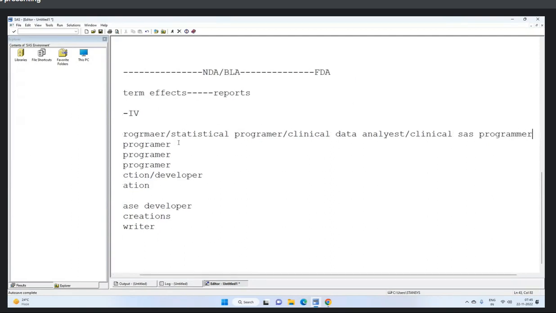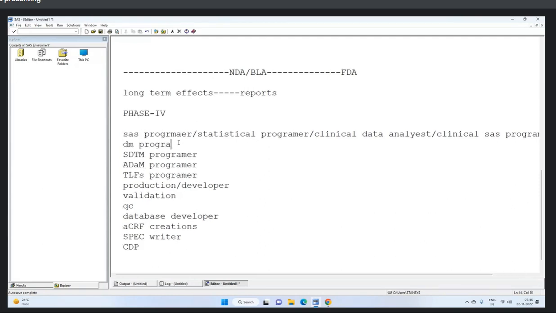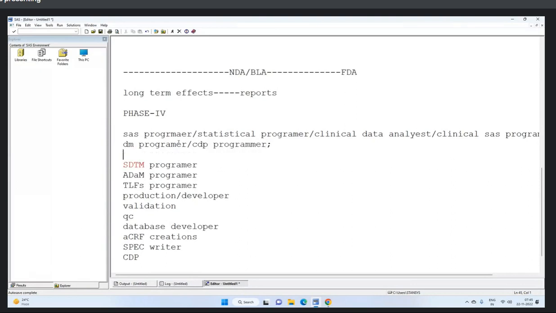All these are the same thing, but companies use different terminology for the role. And some companies call it a DM programmer. Some companies call it a CDP programmer. Different companies use different names.